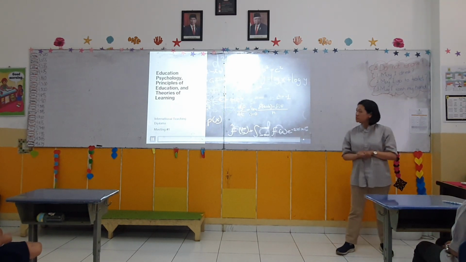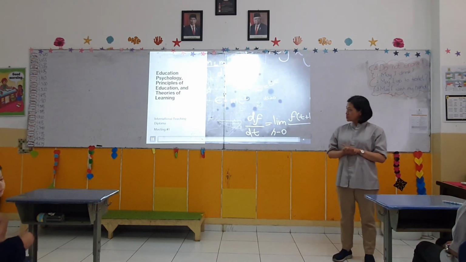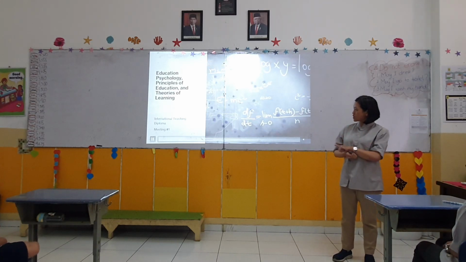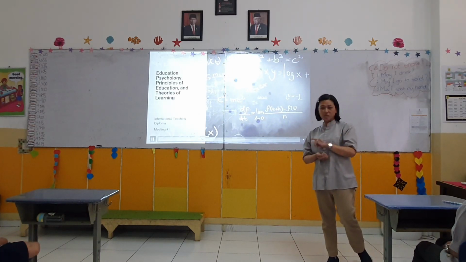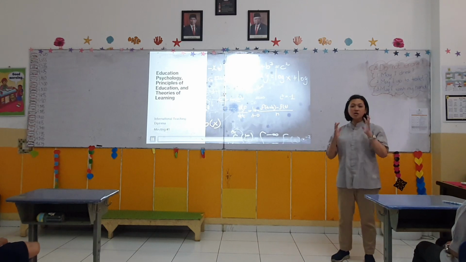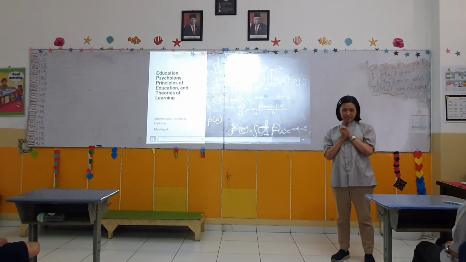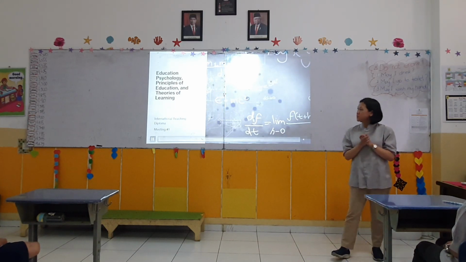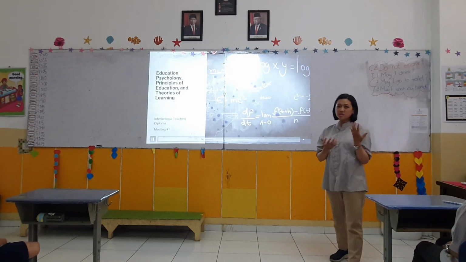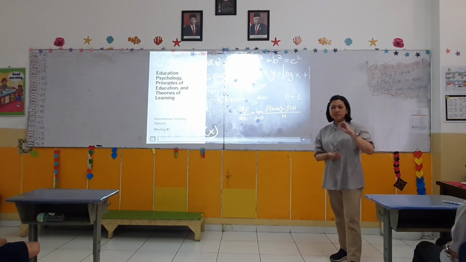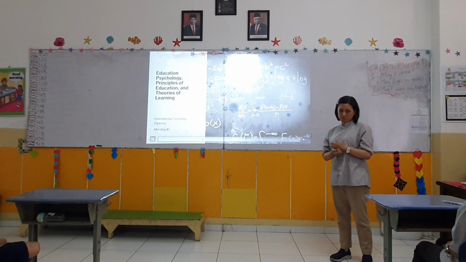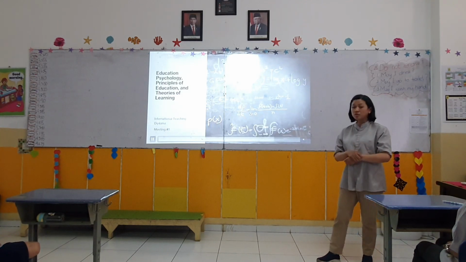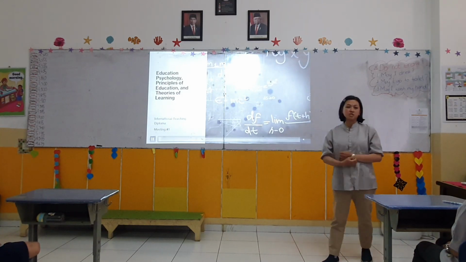As we know, these three things, educational psychology, principles of education, and theories of learning, are combined as one. Because educational psychology itself takes a lot of theories that come from the theories of learning and also the principles of education.